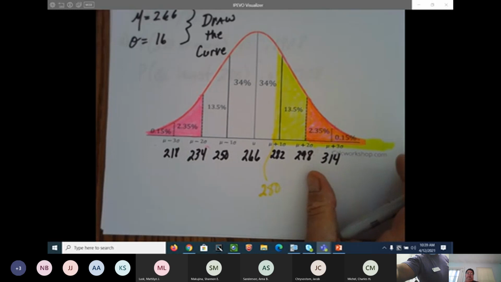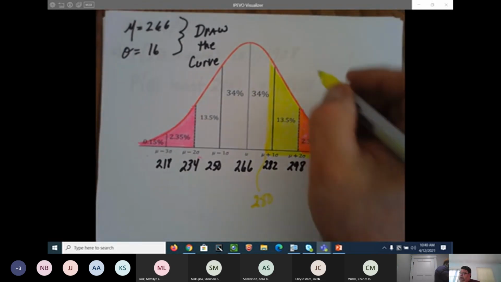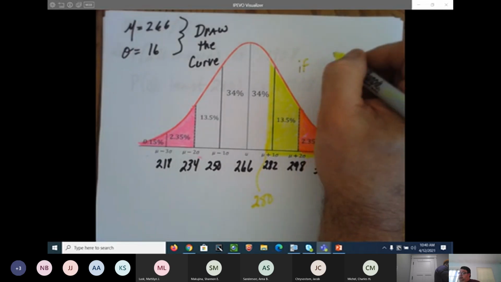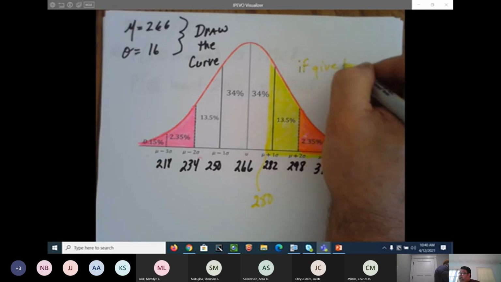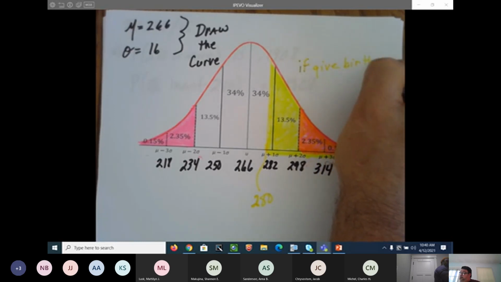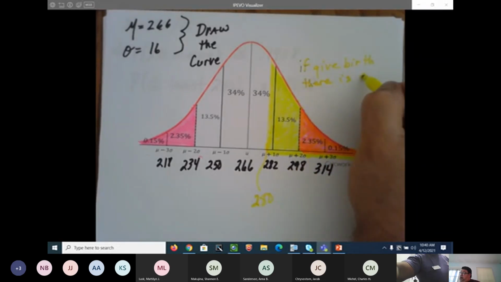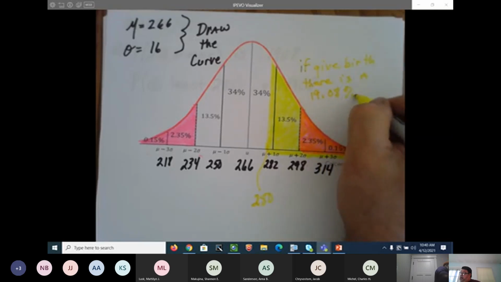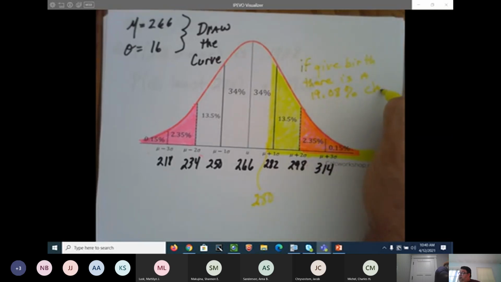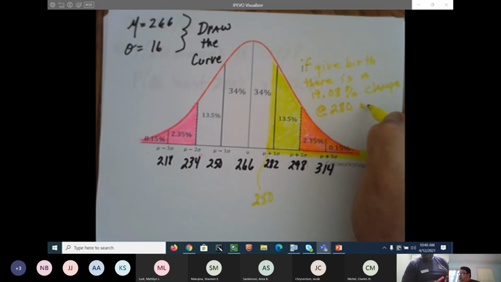Now, what does this mean? This means that if you give birth, there is a 19.08% chance that your birth will be at 280 days or more.